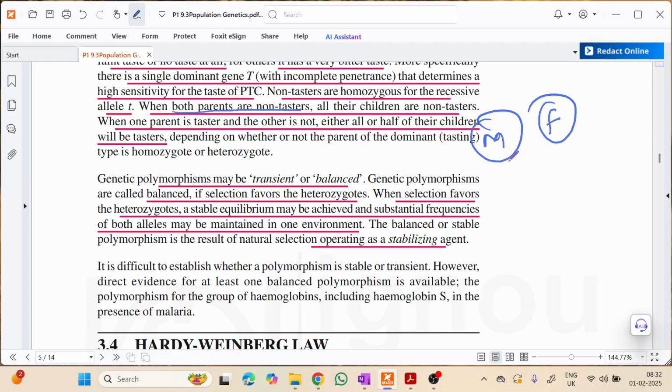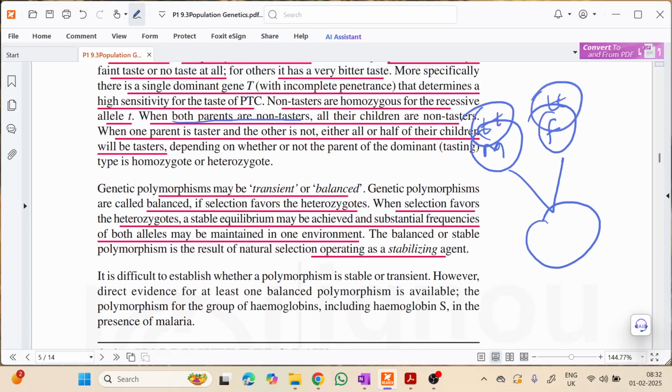As you know, an offspring inherits one copy each from mother and father. So अगर parents खुद ही, if उनका genetic makeup उनके parents से, they have inherited recessive for PTC, which means small t. दोनों जो allele हैं, they are small t.